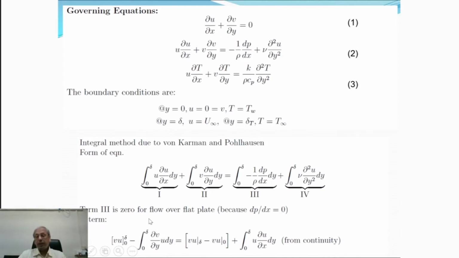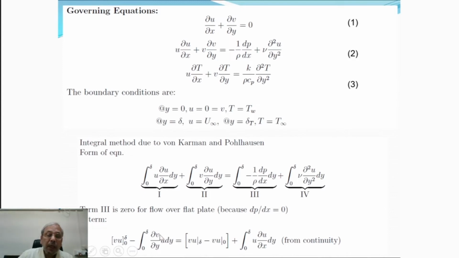So from here we can write u into v at delta, the upper limit, minus u into v at 0, plus 0 to delta, by applying integration by parts, we got del v del y into u, entire thing into dy.